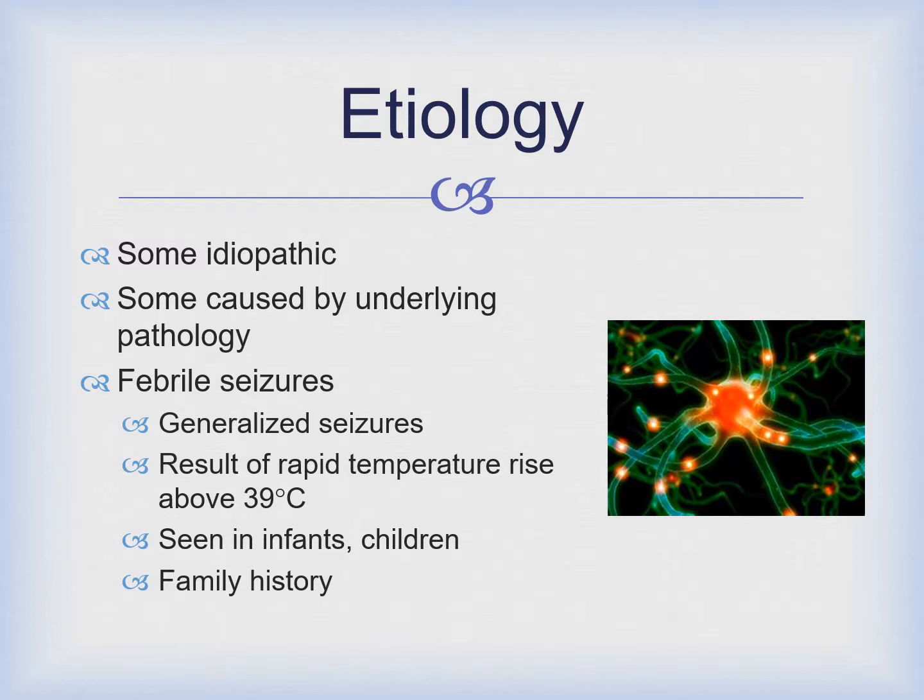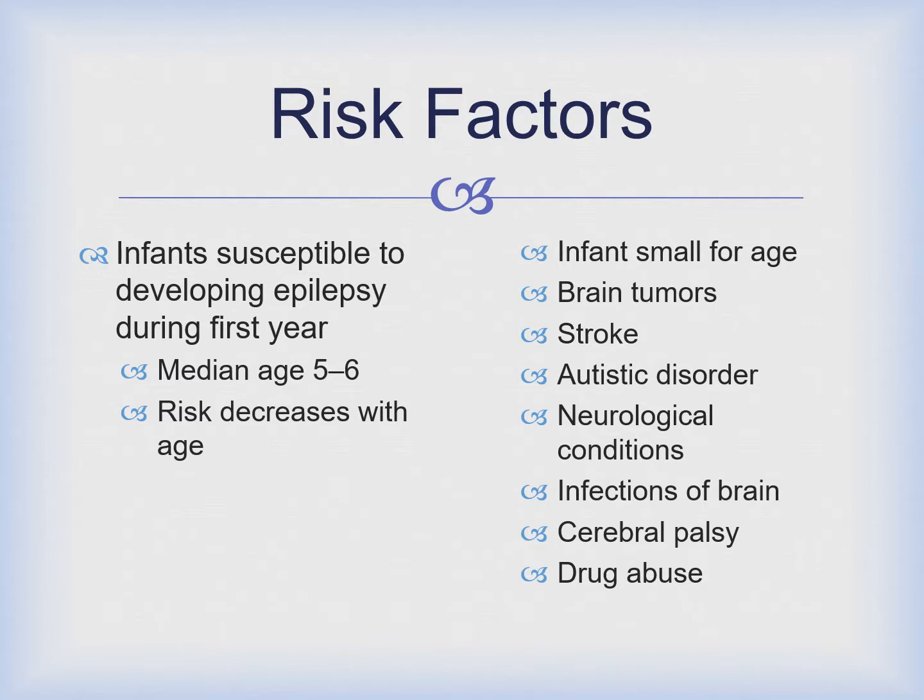But we do know that once a child has one febrile seizure, they are prone to have others. The peak age of this for children is 17 to 24 months. And then, like we said, as the child gets older, the risk goes down.